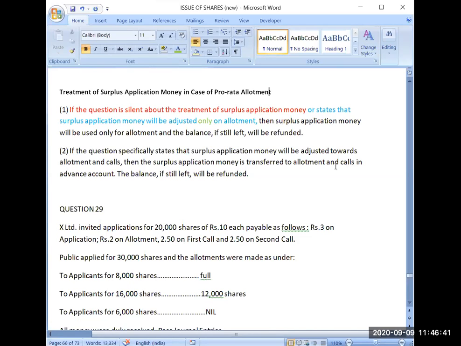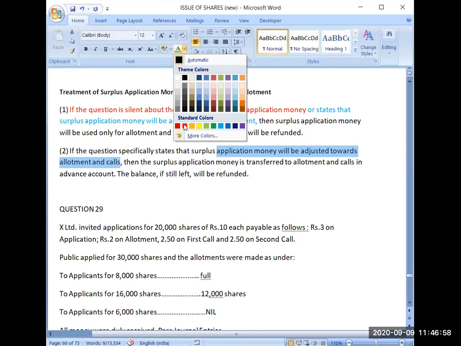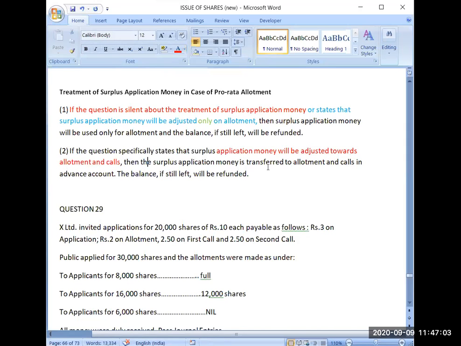If the question specifically states that surplus application money will be adjusted towards allotment and calls, this time the question is permitting you to use the excess money on allotment as well as on calls. Specifically, it is permitting you. Then you can use that excess money on calls also. Allotment we can always use, even if the question is silent.